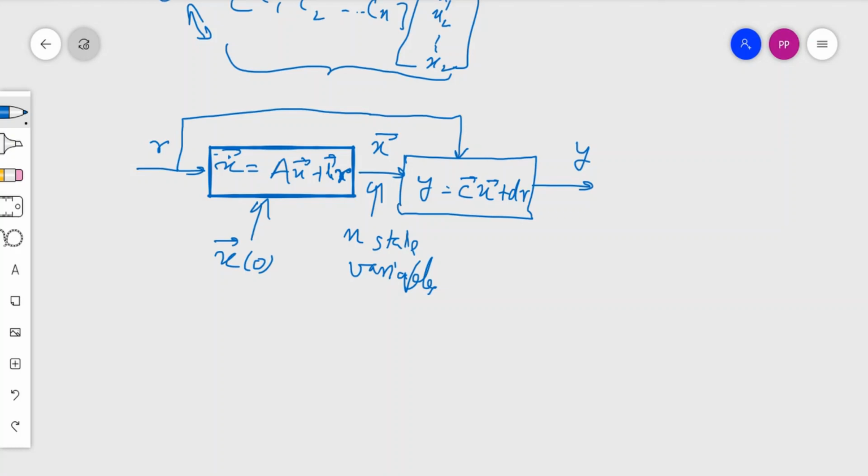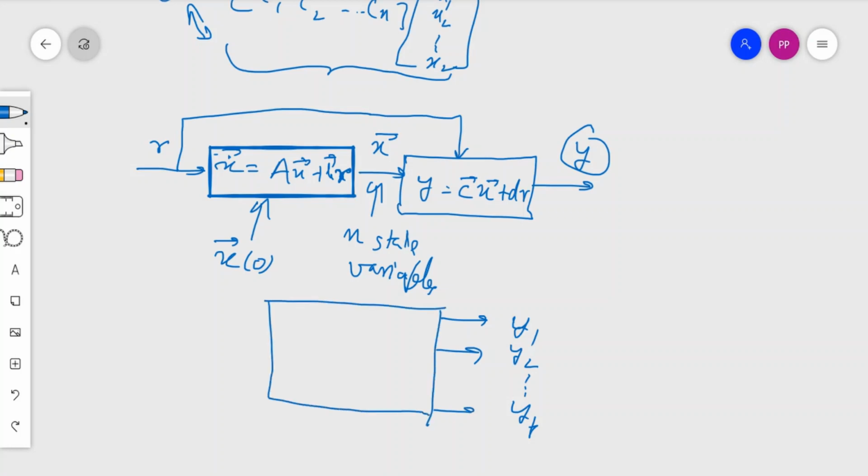In case of multi-input multi-output system, where instead of this single y we have many y's, y1, y2 up to yp suppose, so the system will have many outputs. So in that case we will consider multi-input multi-output system, MIMO.